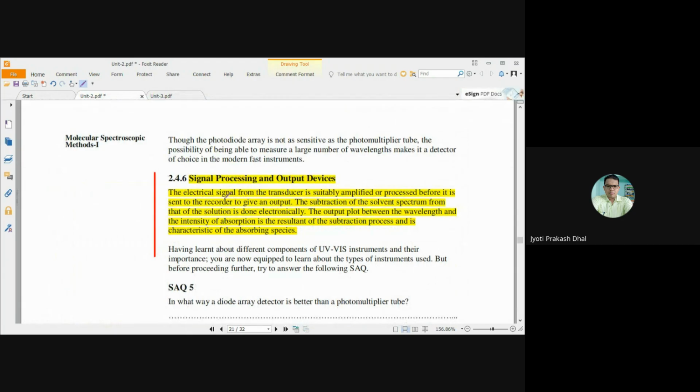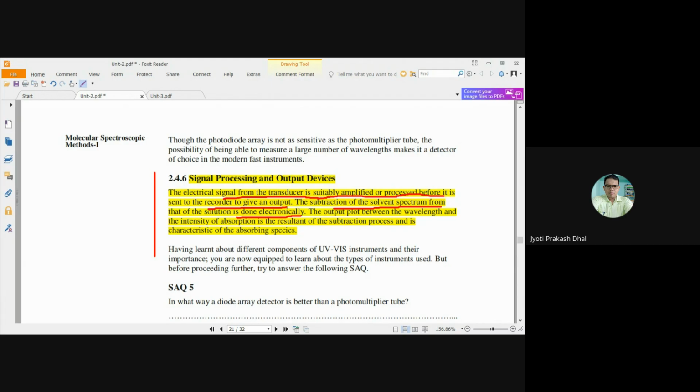The electrical signal from the transducer is suitably amplified and processed before it is sent to the recorder to give an output. The subtraction of the solvent spectrum from the solution is done electronically. That means initially you have to analyze only the solvent through the UV visible spectrophotometer, and that will give a particular spectrum.